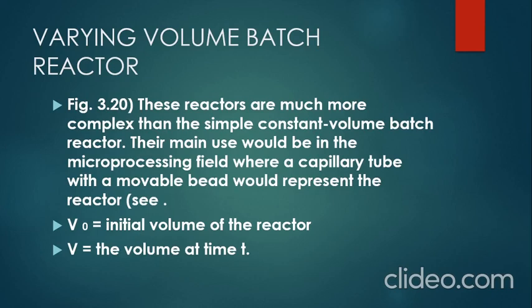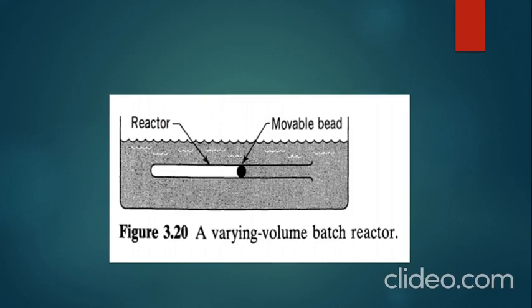Suppose we consider a very small reactor like this. We can consider a bead kept in a tube, and as soon as the reaction process starts, the bead will move because the bead is movable.